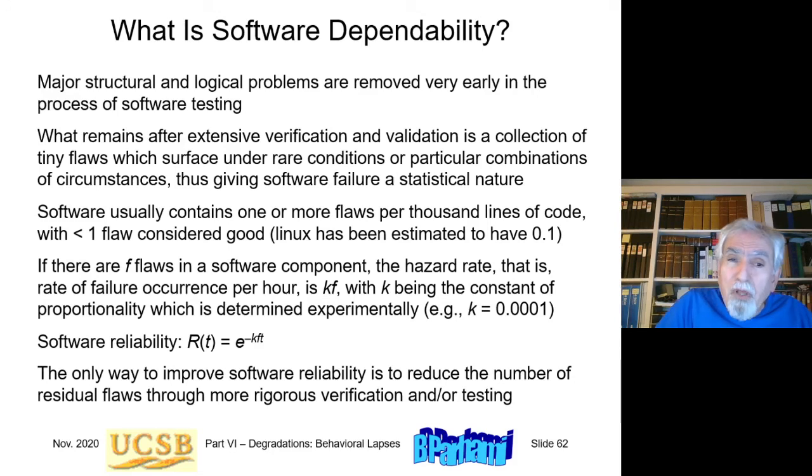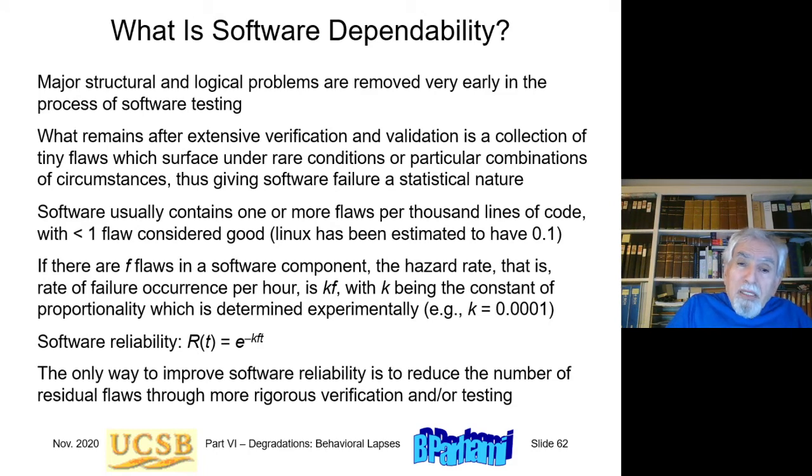Okay, now these flaws are typically hidden. You can run Linux for months or years without hitting one of those flaws, but some combination of conditions in the environment that you're using may expose one of these flaws, in which case the software malfunctions as a result of that flaw.